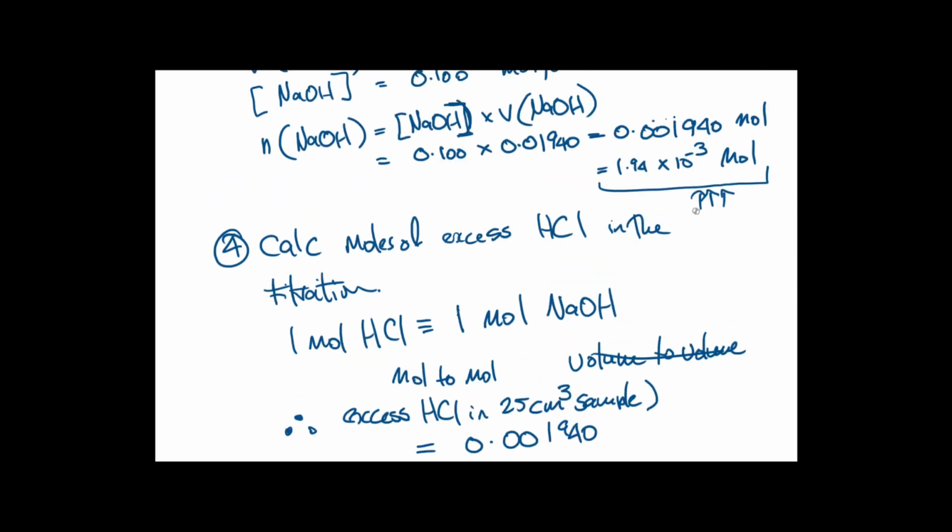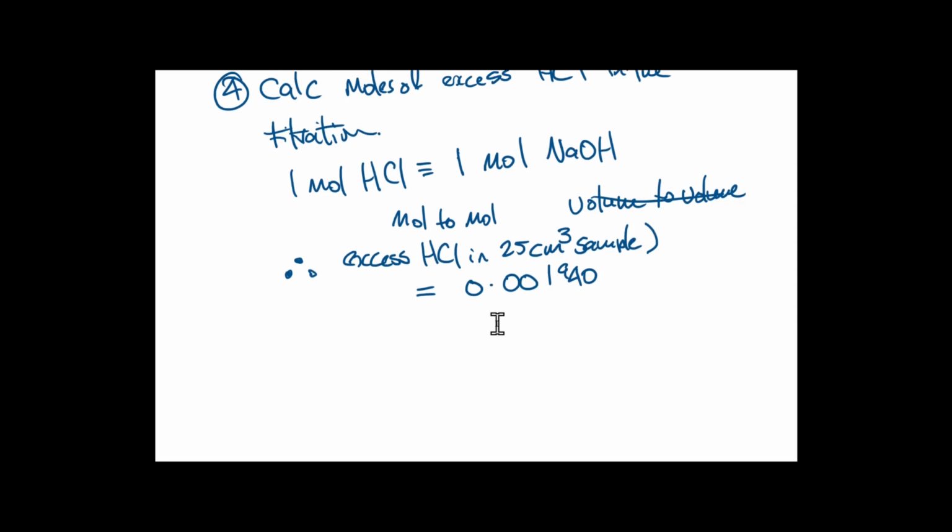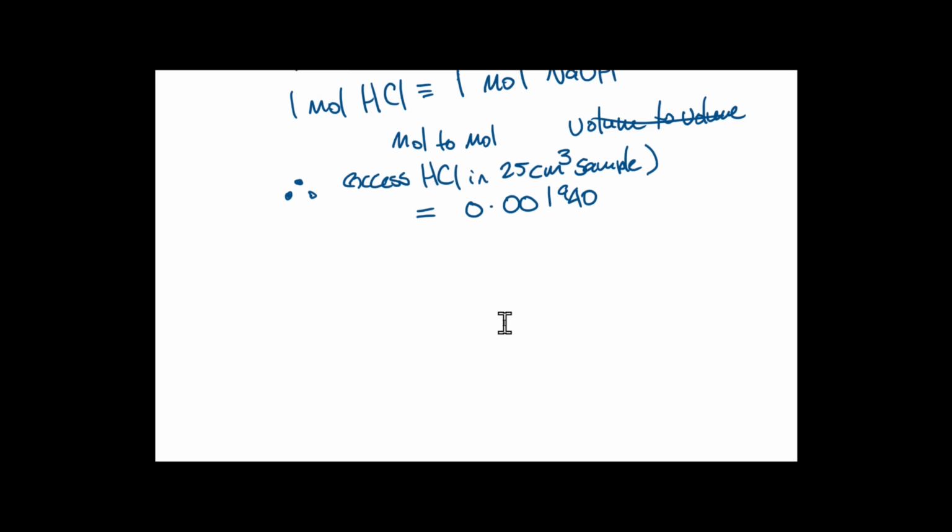So the amount of moles of sodium hydroxide that we used in this back-titration must be the same number of moles of hydrochloric acid, and anything left over is the excess hydrochloric acid. It's right there.